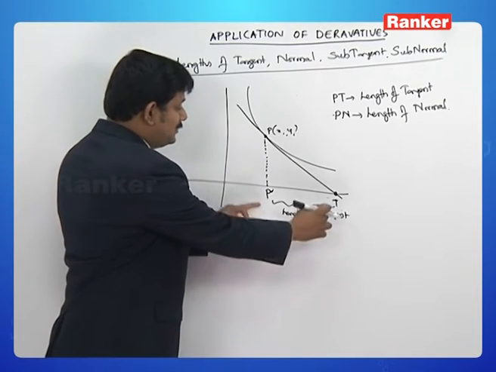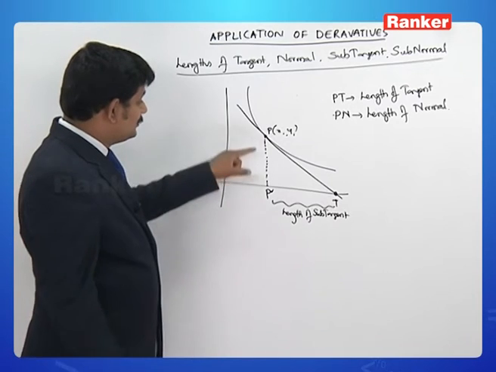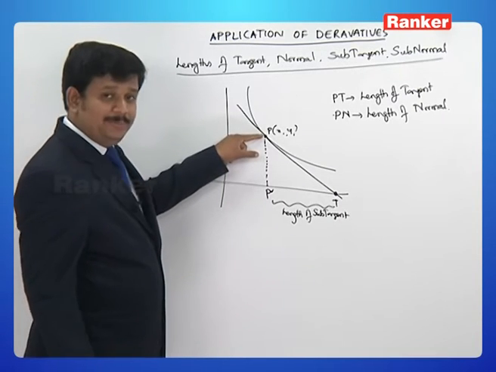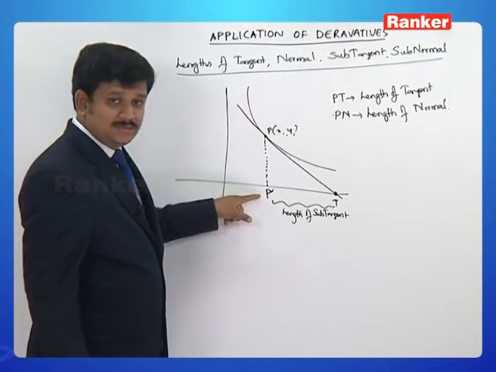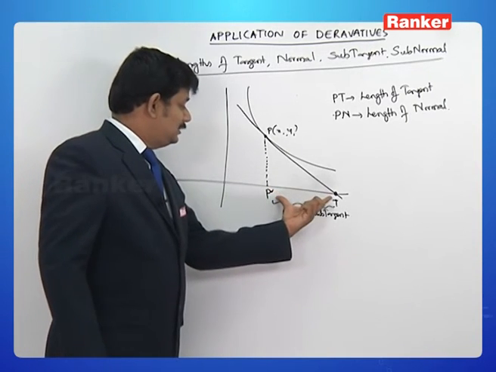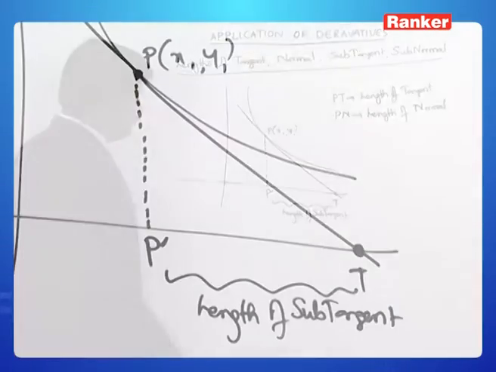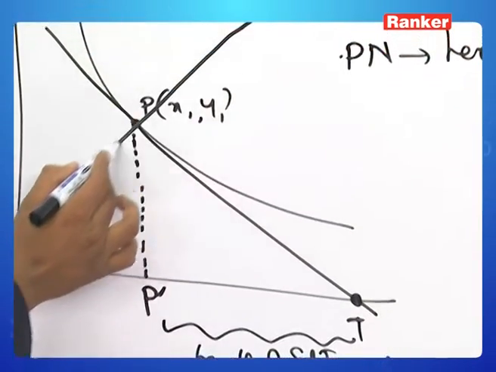So length of subtangent is projection of length of tangent on x-axis, or in simpler words, draw perpendicular from P onto x-axis. Let's say the foot of the perpendicular is P dash. The length P dash T is called length of subtangent. So we have to visualize them and keep them in memory.